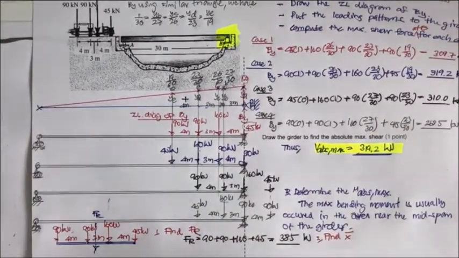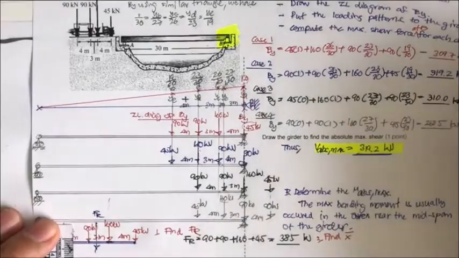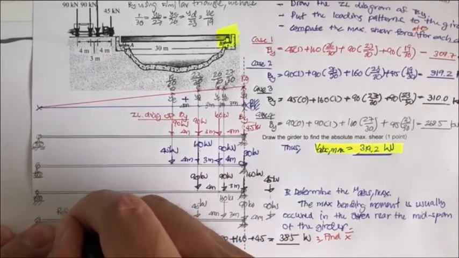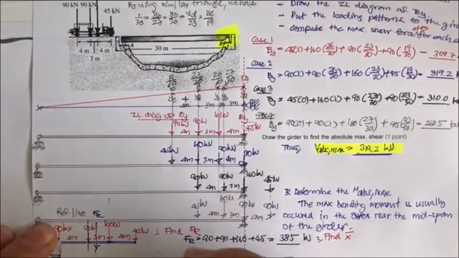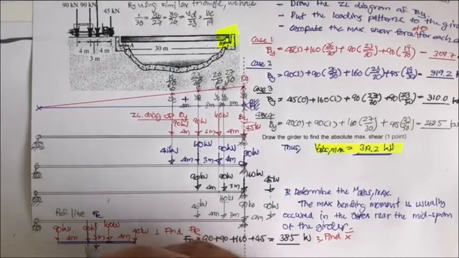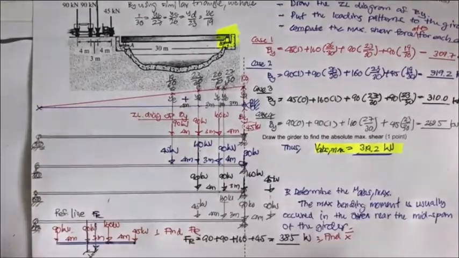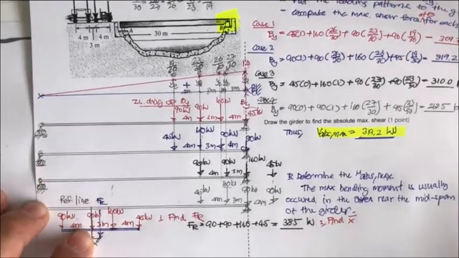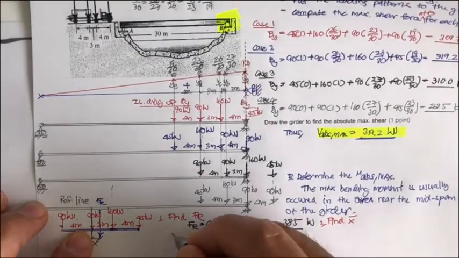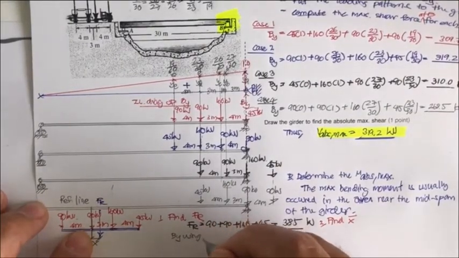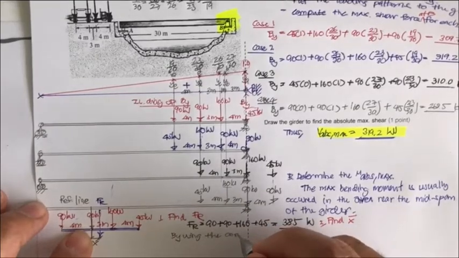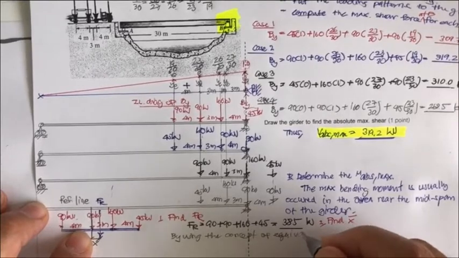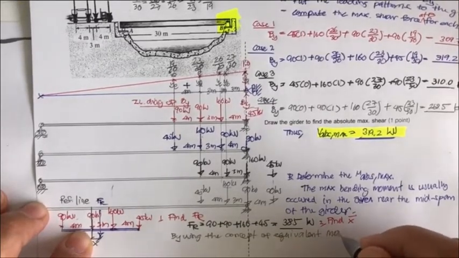And by putting this, you're going to set up the reference line. If you say this is going to be the reference line, you may determine the X bar by taking the moment about this reference line, by using the concept of equivalent moment.